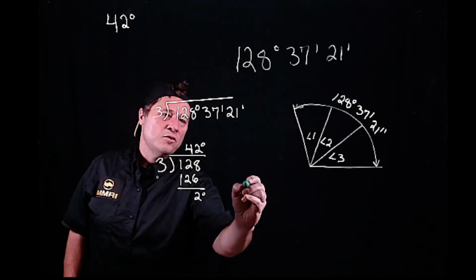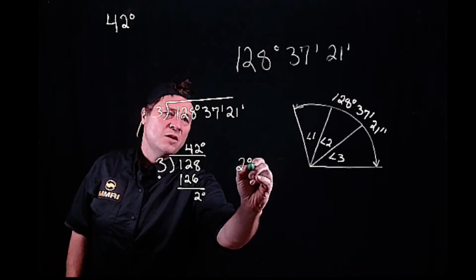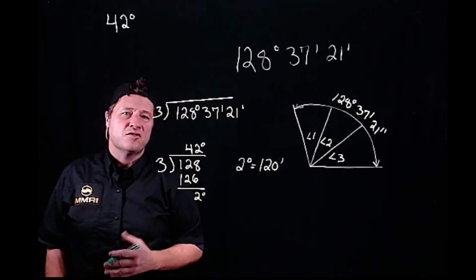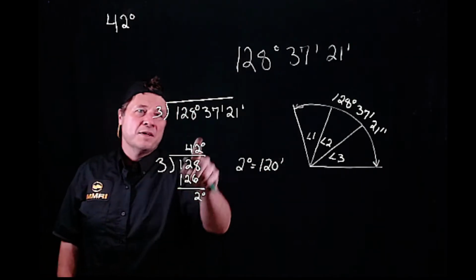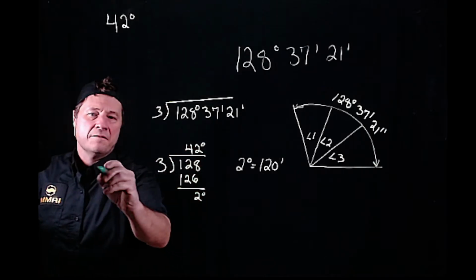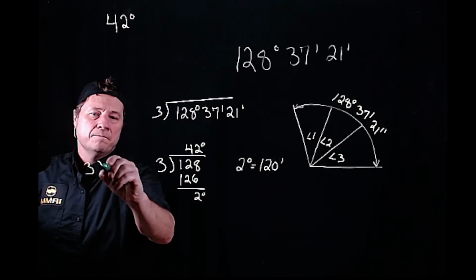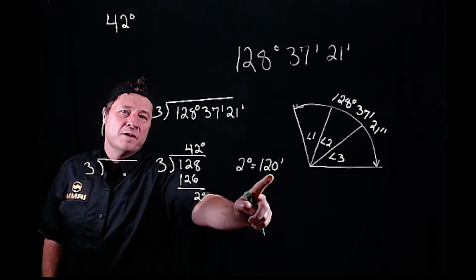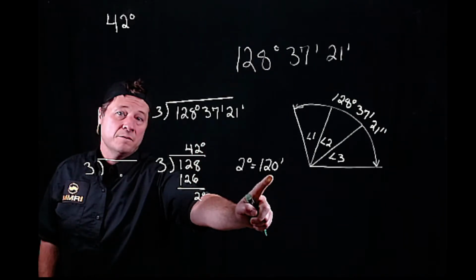So the 2 degrees is equal to 120 minutes. Each degree is 60 minutes. So I'm going to take my 37 minutes and add the 120 minutes to it.